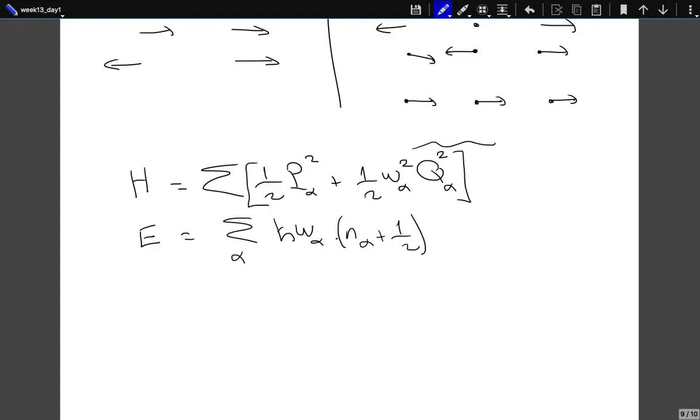And these energy quanta over here are what we call phonons. In the case of electromagnetic radiation, the energy quanta are the photons. In the case of these vibrations of the atoms in solids, they are what we call the phonons.